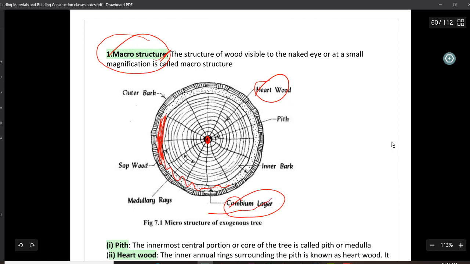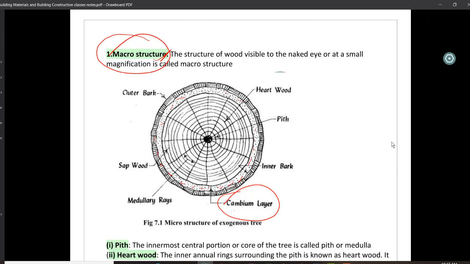This cambium layer would be converting into sapwood. I hope you are getting the concept. So the closest part to the pith is heartwood. After this heartwood we will be having sapwood. After sapwood we get the cambium layer. Inside the cambium layer there will obviously be sap, a granular material. This sap, over time, will be converting into sapwood.